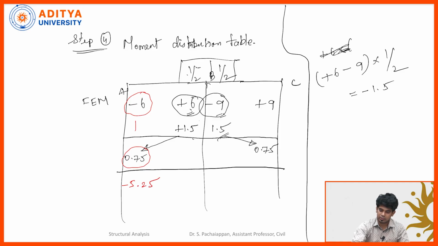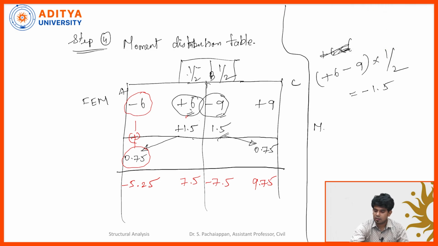Okay. So these values I am adding. Similarly these values I am going to add. So I will be getting plus 7.5, and this is minus 7.5, and this is 9.75. So these are our final moments. Very easily we got it.